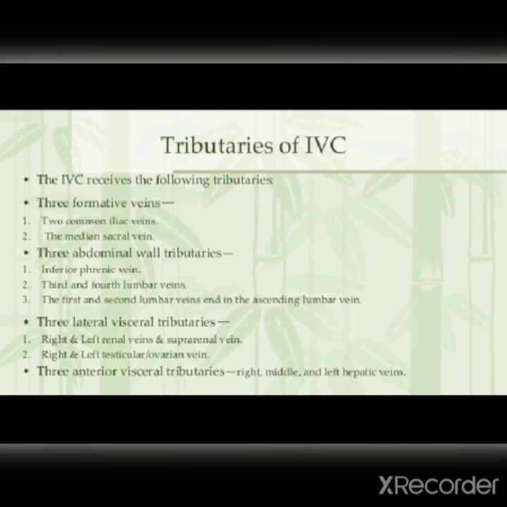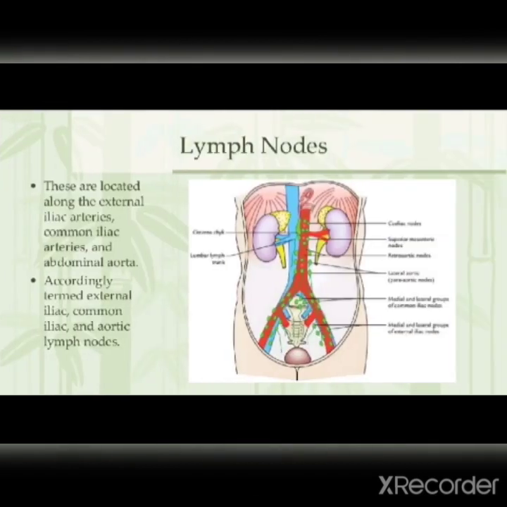Now, three lateral visceral tributaries: right and left renal veins and suprarenal vein, right and left testicular or ovarian veins. And the three anterior visceral tributaries are right, middle and left hepatic veins. So, these are the tributaries of the inferior vena cava.